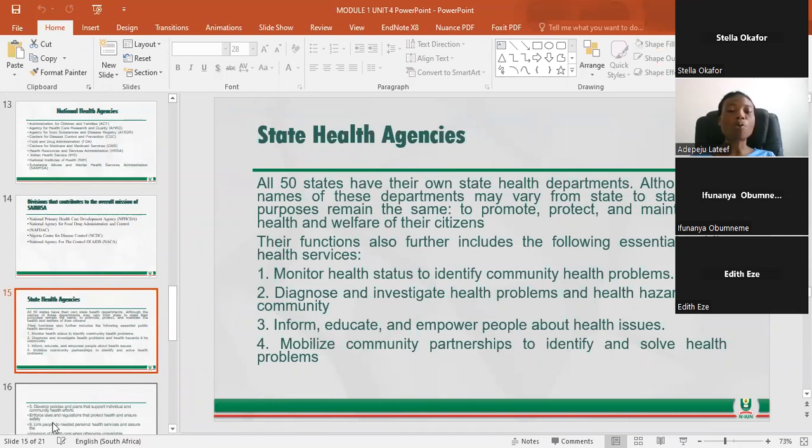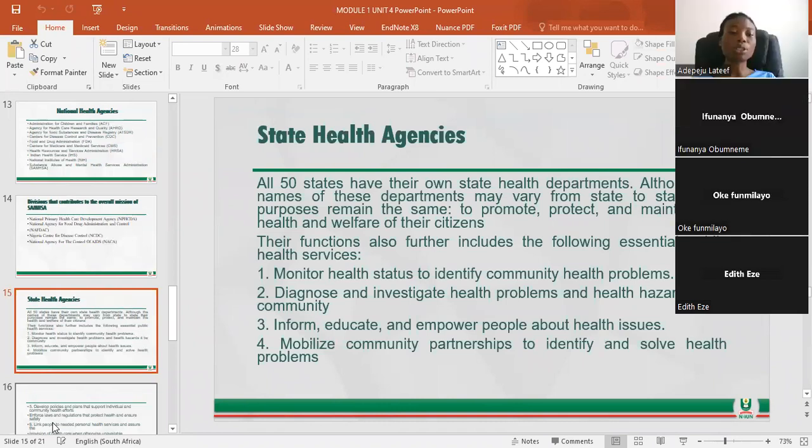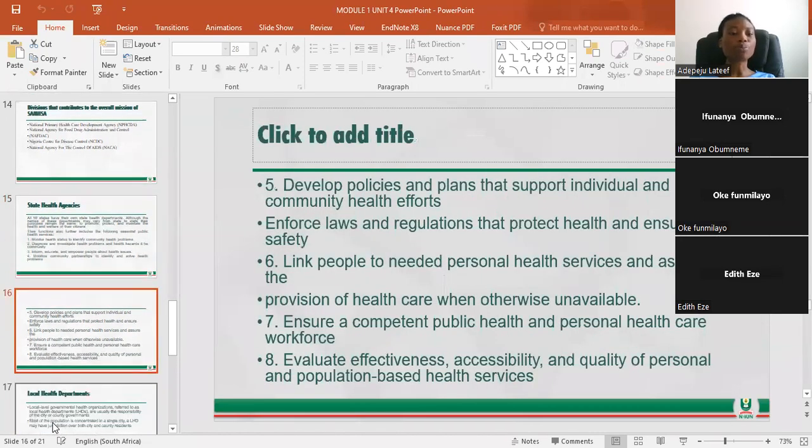I'll probably repost it to the WhatsApp group for those that will be joining us this week. We also have the State Health Agency at the state level, and each of them has functions or roles that have been designated for them to perform.